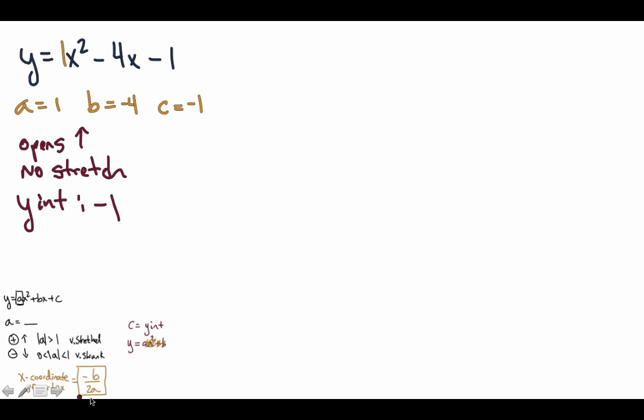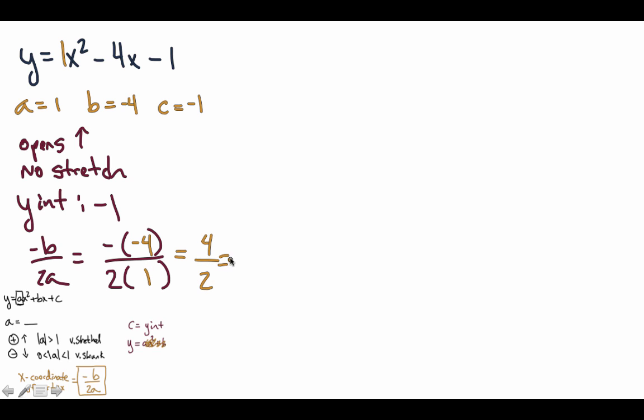And now I'm going to do a little bit of math. I'm going to say the x-coordinate of the vertex is -b over 2a. I plug in all the information I know: -b over 2 times a. So b is -4, so I plug in a -4. a is 1. I simplify and I get +4 over 2, which is 2. And what that means is I can now plug in x equals 2.